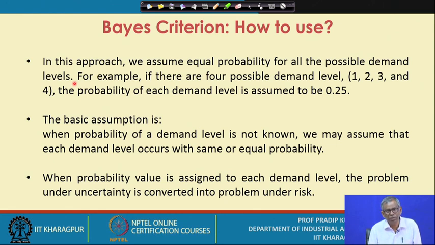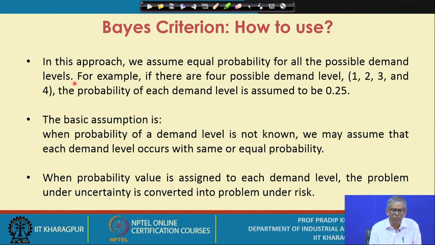As you are aware, uniform distributions you can use for the discrete random variable or the continuous random variable. So for both the cases you may use uniform distribution. Sometimes the uniform distribution is also referred to as the distribution with maximum ignorance. That means you are really ignorant of the possible demand levels in this case.